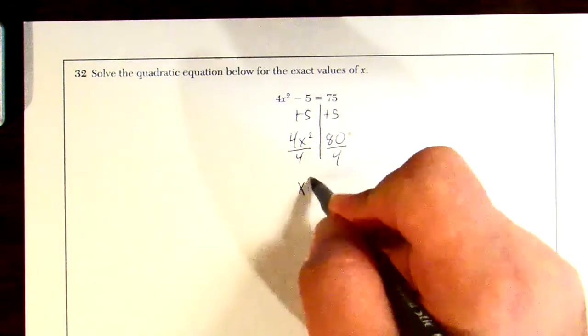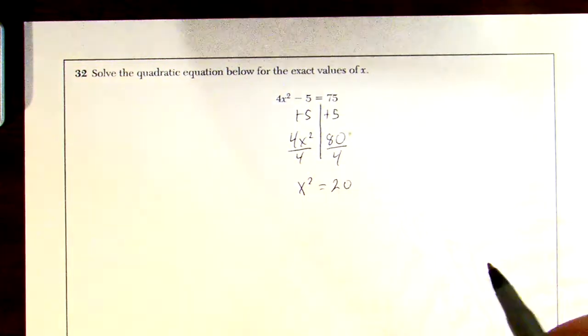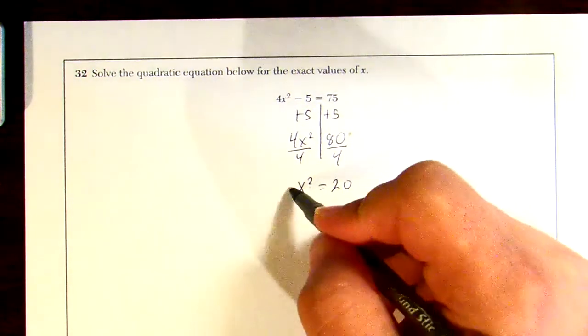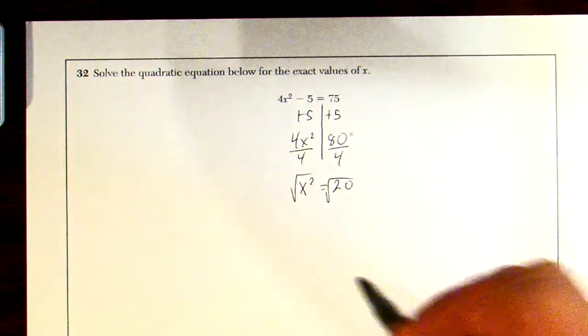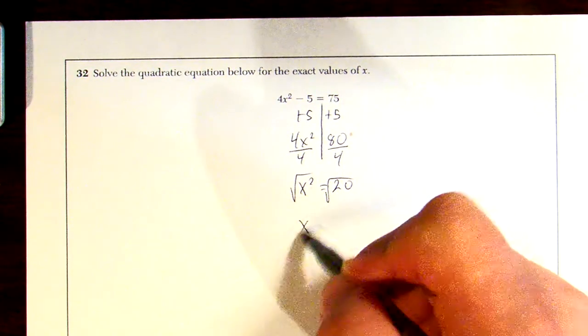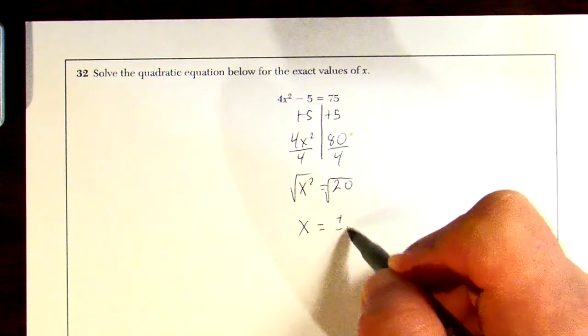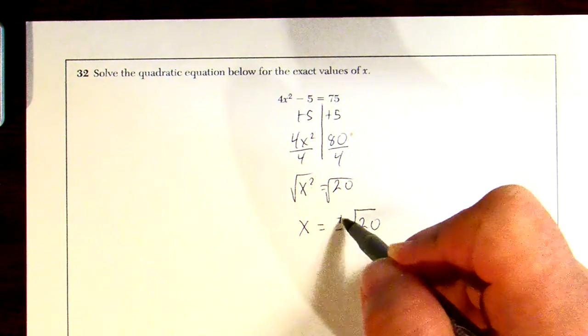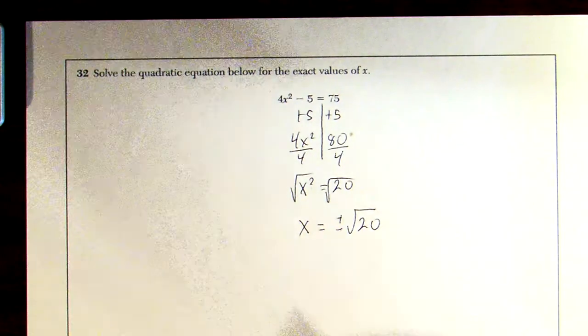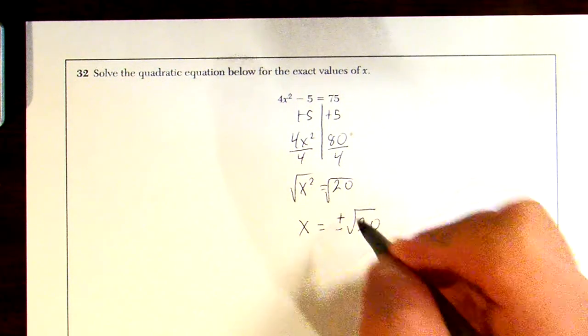So x squared equals 20. Now I have to find the square root. So x is going to be plus or minus the square root of 20. If you forget the plus or minus here, it's minus 1 point, so don't forget it, because that 1 point can mean the difference.